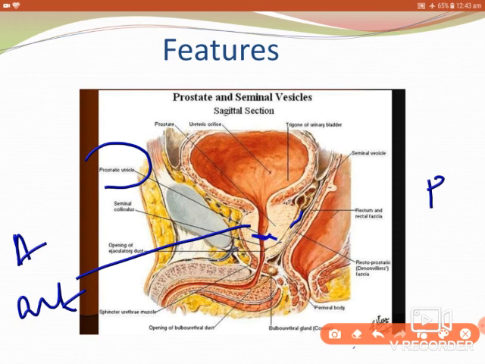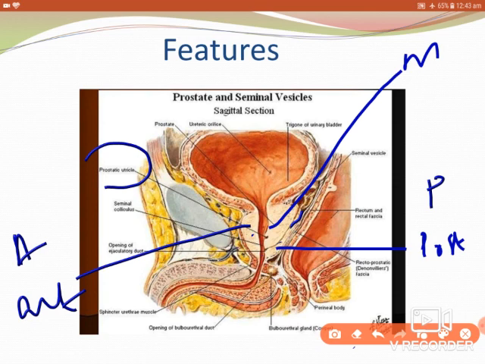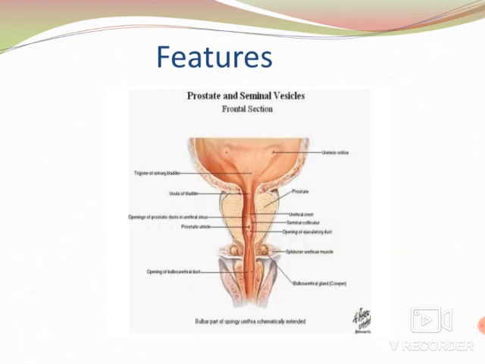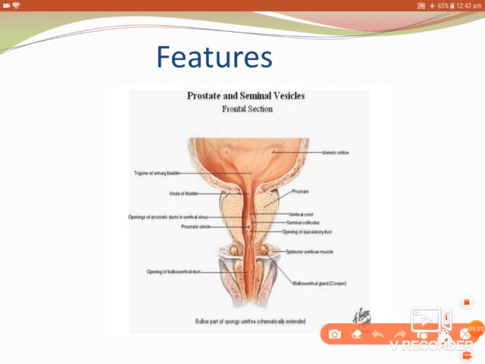This is the median lobe. The one below the ejaculatory duct forms the posterior lobe. Then in this coronal view, these are the lateral lobes.